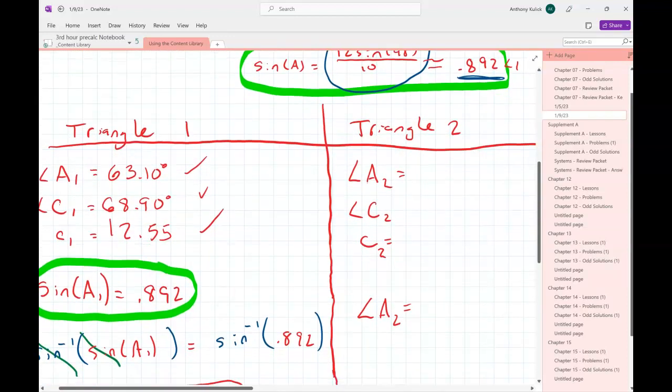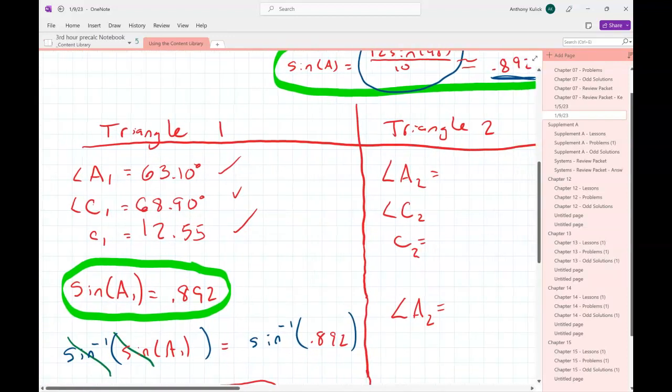So for triangle 1, I need to solve for angle A, angle C, and side C. Those are the missing parts of the triangle. And for triangle 2, I'll also be looking for angle A, angle C, and side C. To differentiate these, I'm going to use subscripts: a subscript 1 on each of those variables for triangle 1's dimensions, and a subscript 2 for triangle 2's dimensions.